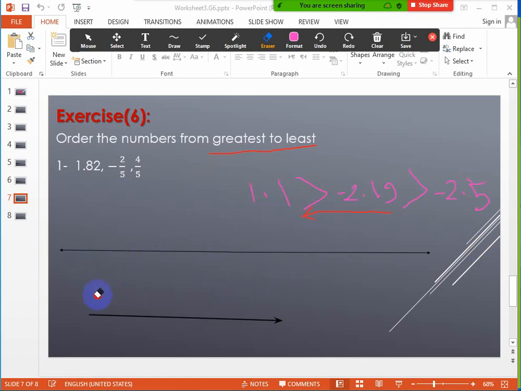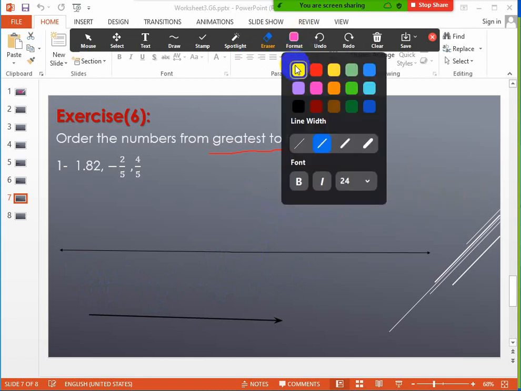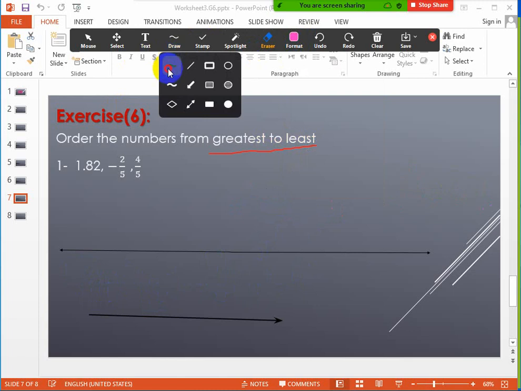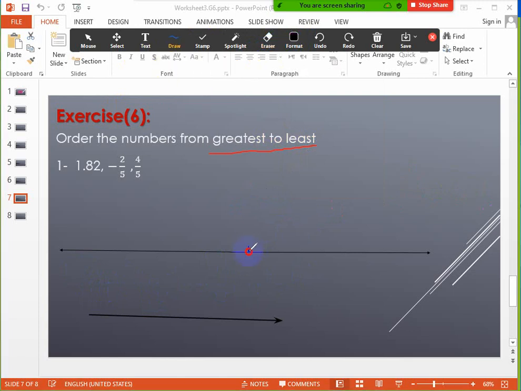Okay, now let's divide the number line. This is the 0 point. Now 1 point. Okay, I will divide the distance here. This is 1.